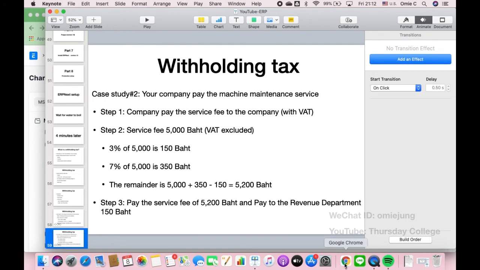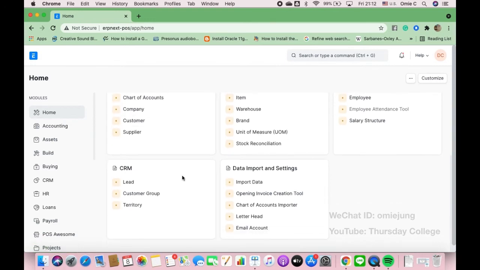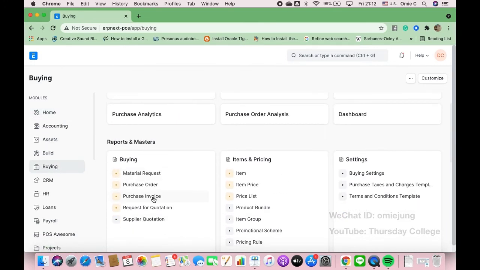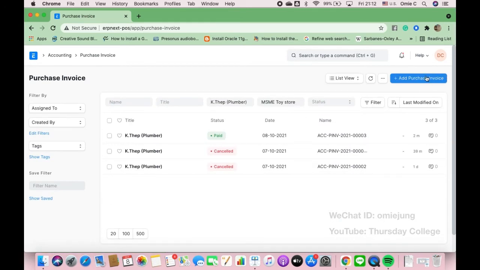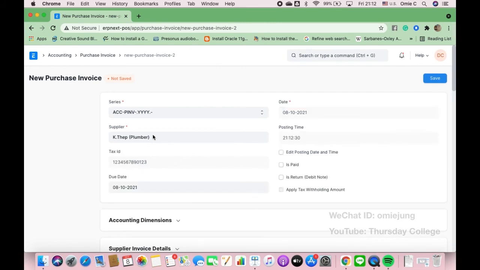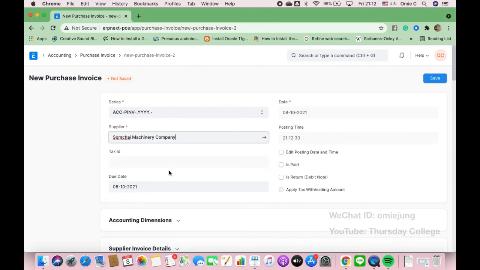So how can we do it with ERPNext? Here we are. We go to the purchase invoice, doing the same thing as with the plumber. We add the purchase invoice, and this time the supplier is going to be Somchai Machinery.